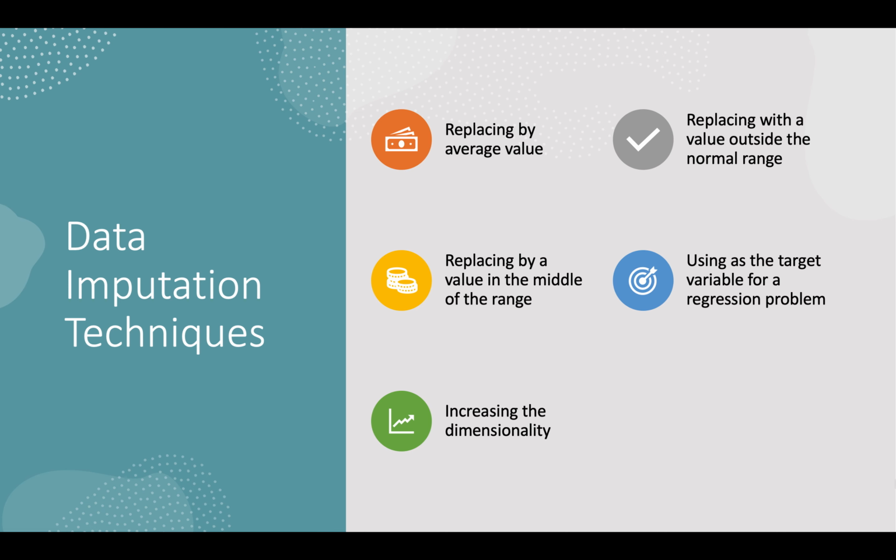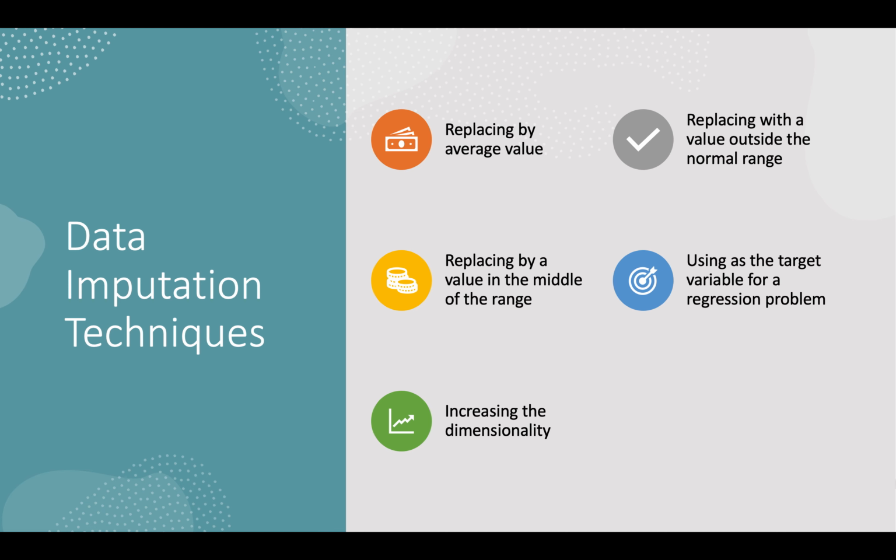And a more advanced technique is to use the missing value as a target variable for a regression problem. Basically, the idea here is to guess what the value is, and then we insert it in our data set in the missing space. Of course, to build a training example, you only use those examples from the original data set in which the value of the feature j is present.